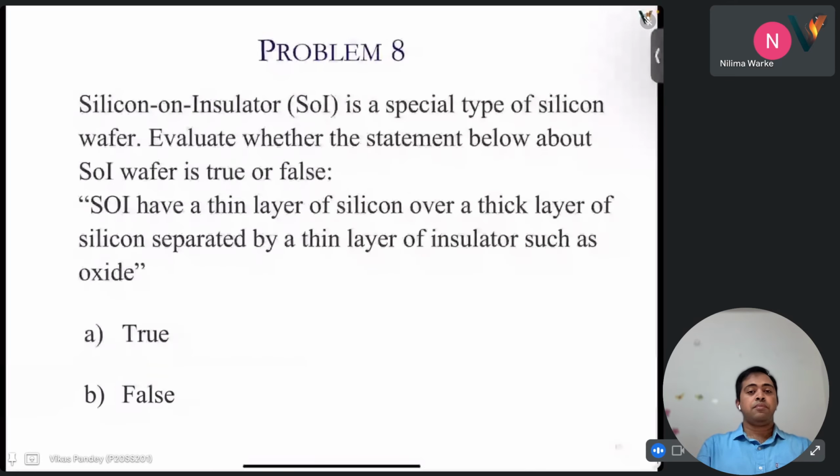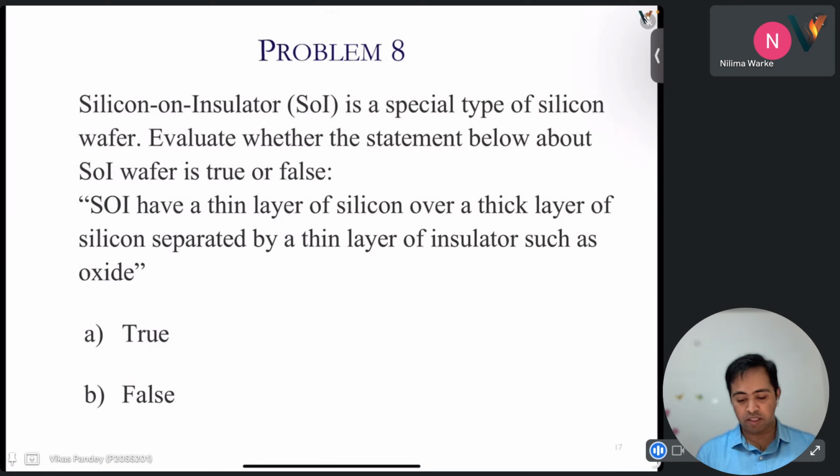So silicon on insulator is a special type of silicon wafer. Evaluate whether the following statement about silicon on insulator wafer is true or false. It has a thin layer of silicon over a thick layer of silicon separated by a thin layer of insulator such as oxide.